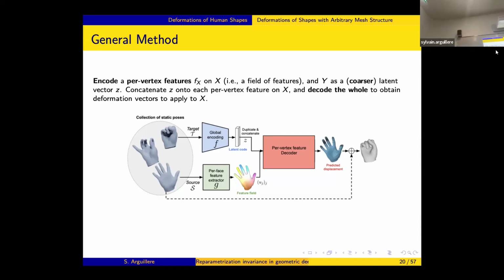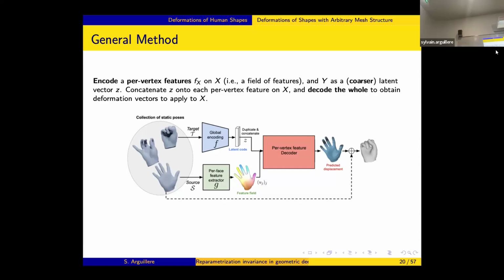So you have a surface, right? And this surface, you do some processing. And at each point of your surface, you're going to have a feature. I'm going to call it f of x.